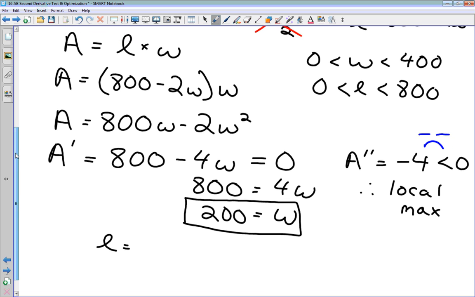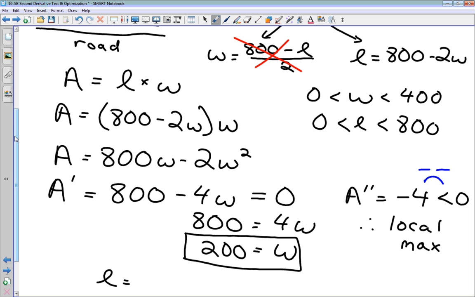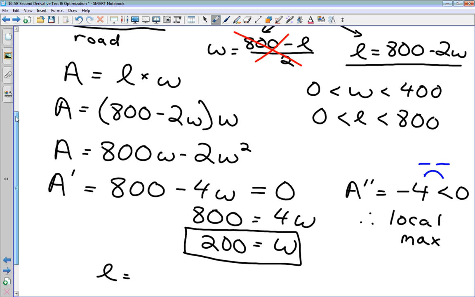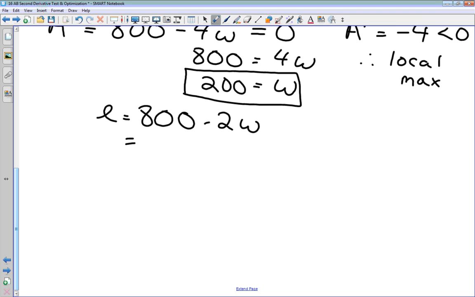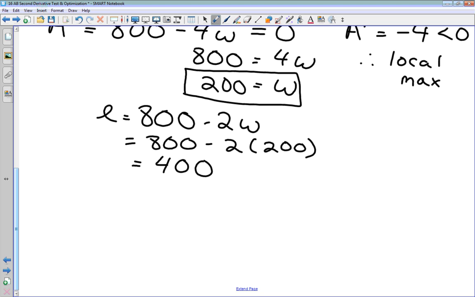Fortunately, I've got a little equation over here that gives me the length in terms of the width. So my length is going to be 800 minus 2w, which is going to be 800 minus 2 times 200, which is going to be 400.